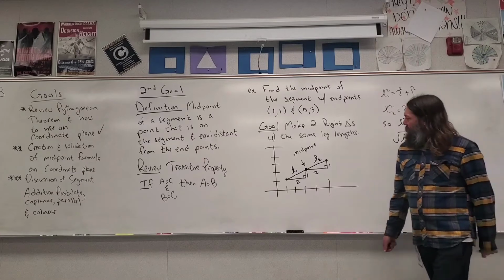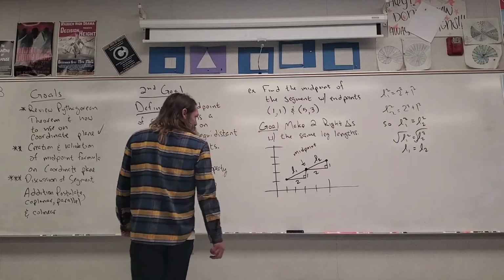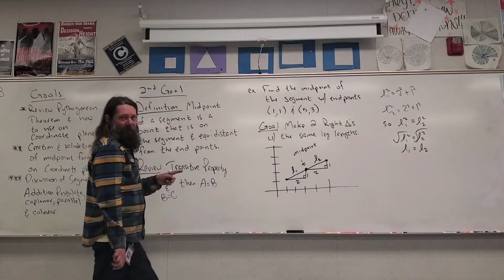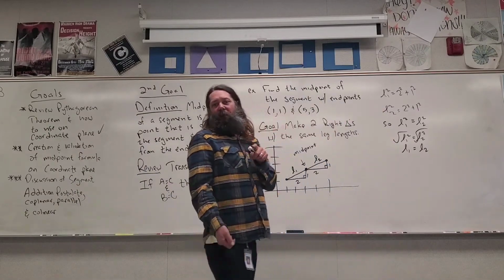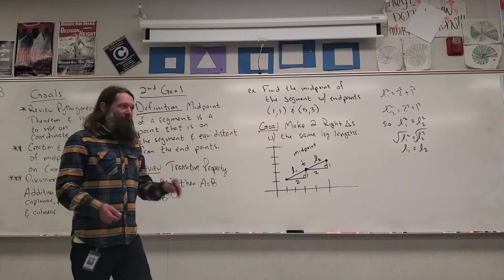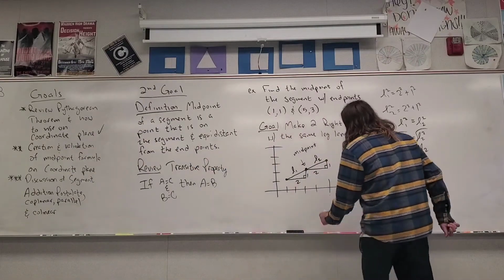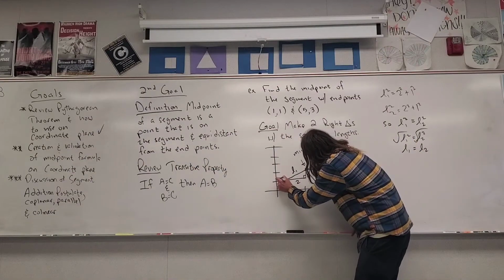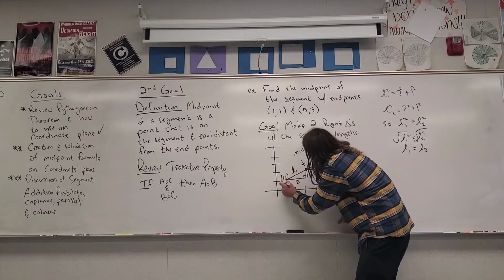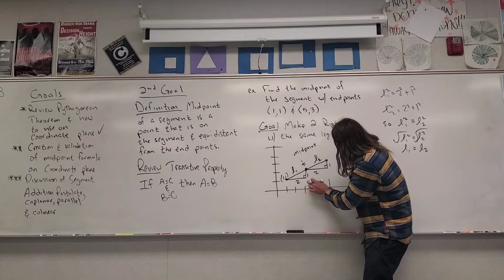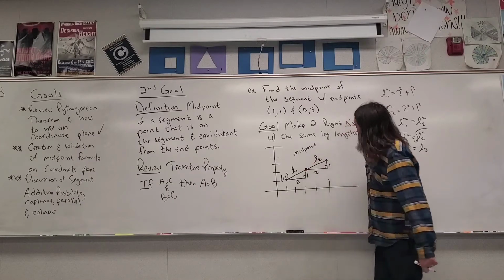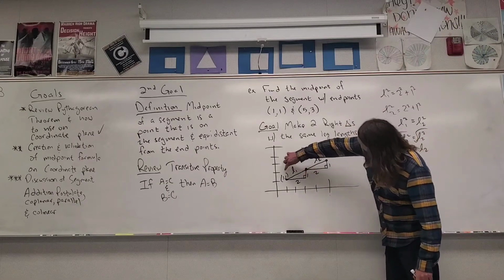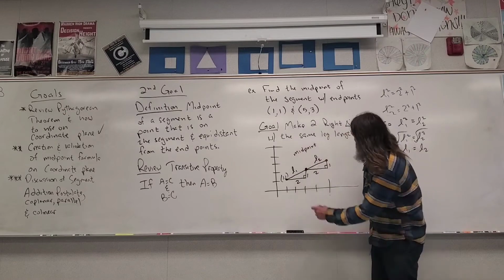Now let's actually find the coordinates of the midpoint, and let's see if we can realize how we get the coordinates from our endpoints. If we're able to do that, we're able to create our midpoint formula. Starting at (1, 1), if I go over 2, so I'm adding to my x, and I go up 1, I'm adding to my y, so that means I would have (3, 2).